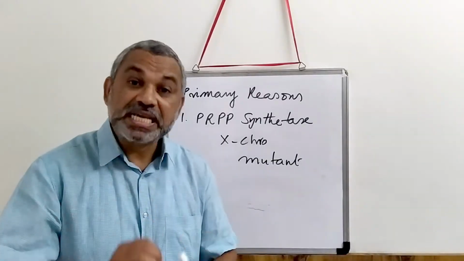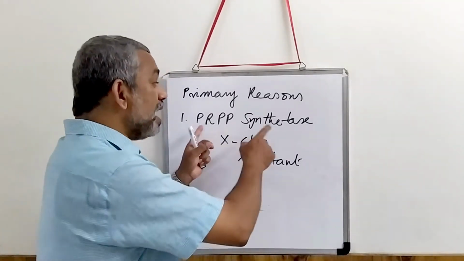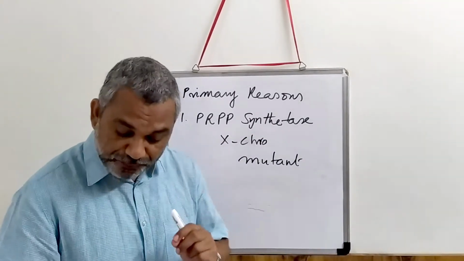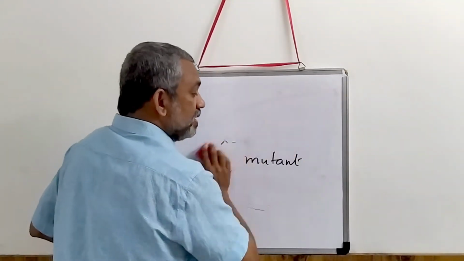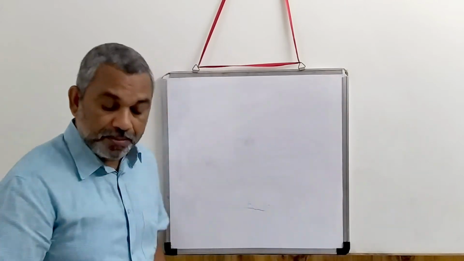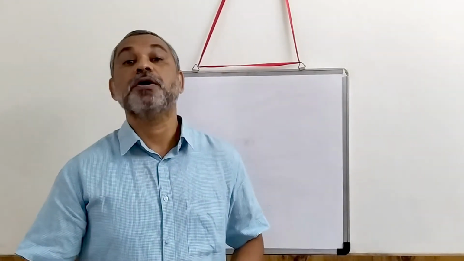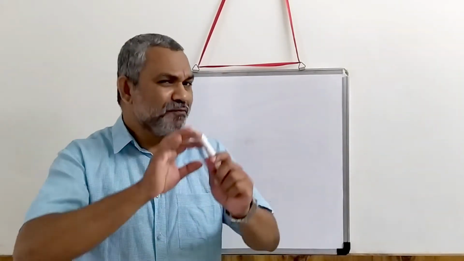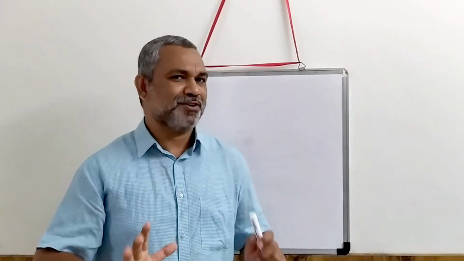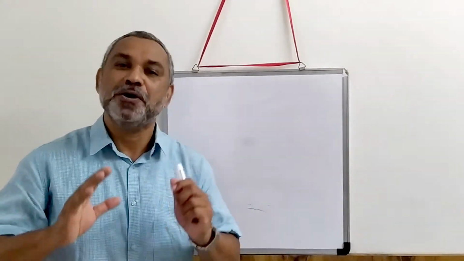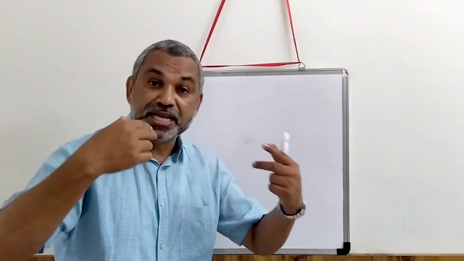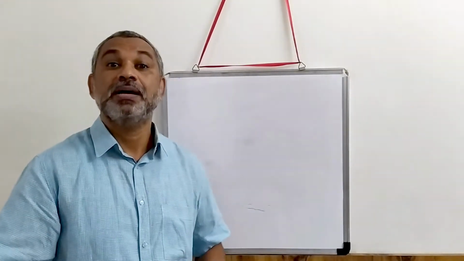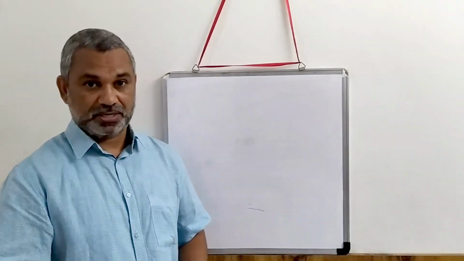Now, what is the problem with the PRPP synthetase? So therefore, we need to understand primarily the synthetic pathway for purines. So very simply, as a flow chart, we will look at the synthetic pathway for purine, and we will focus only on those areas that we need to understand in order to grasp gout.